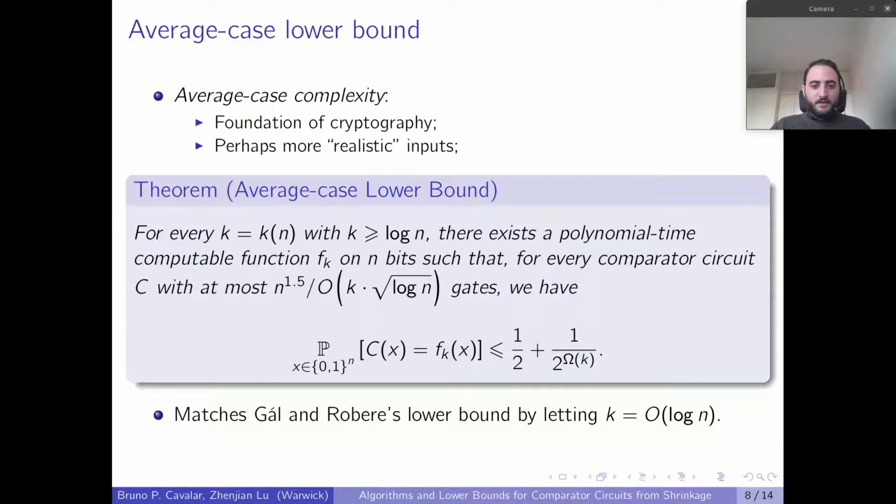Okay, and this can be seen to match Gál and Robere's lower bound when we let k be big O of log n, and the decreasing factor in the correlation will be polynomial in n.